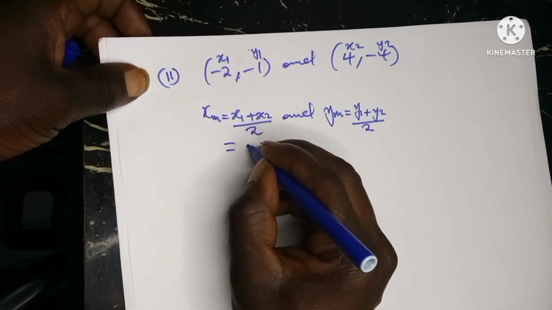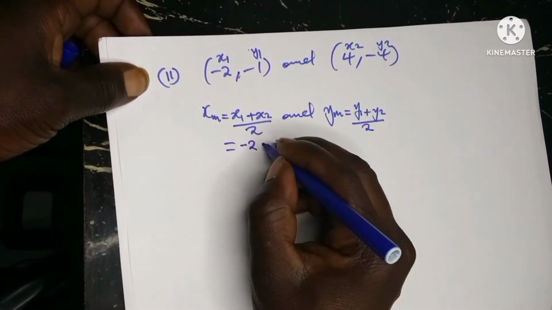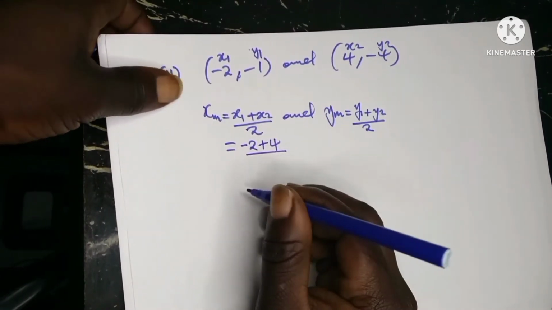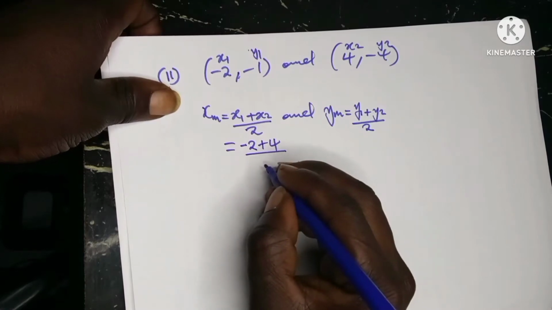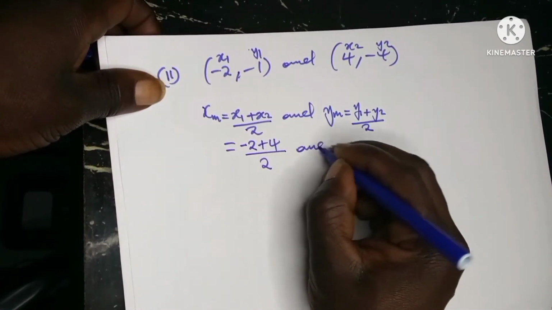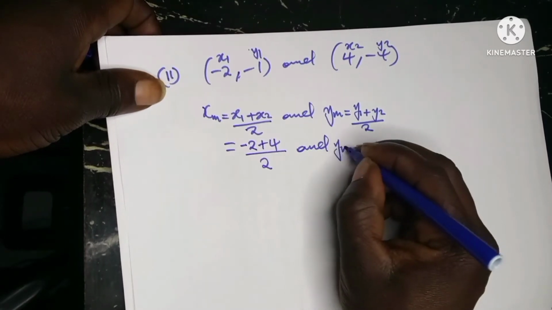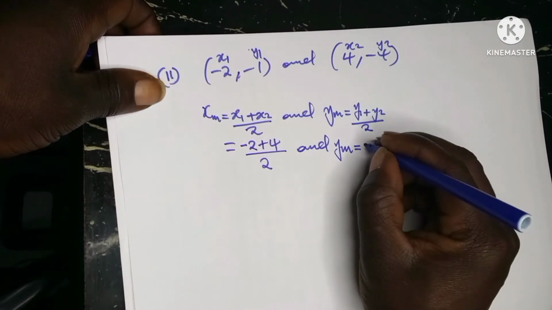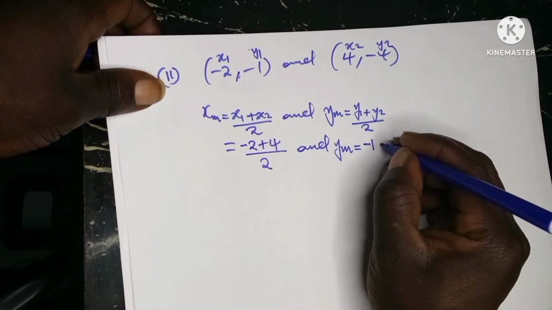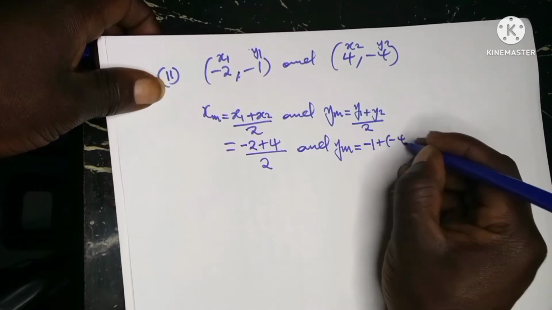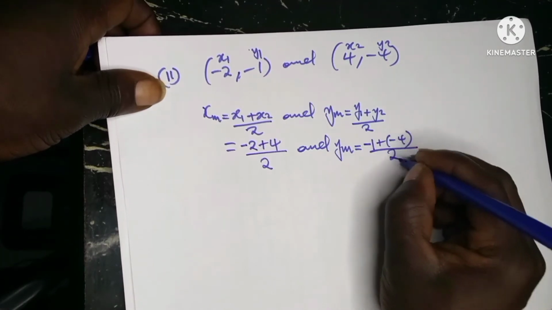For x, it's -2 plus 4 over 2, and ym equals y1, which is -1, plus -4 over 2.